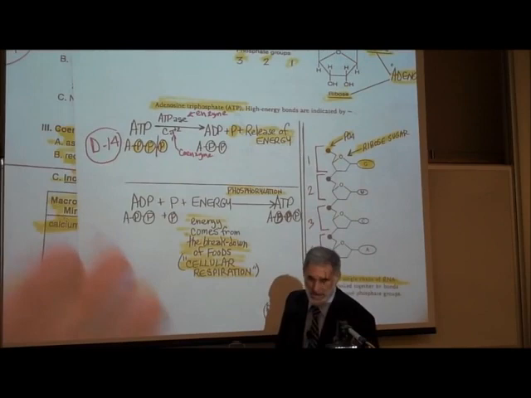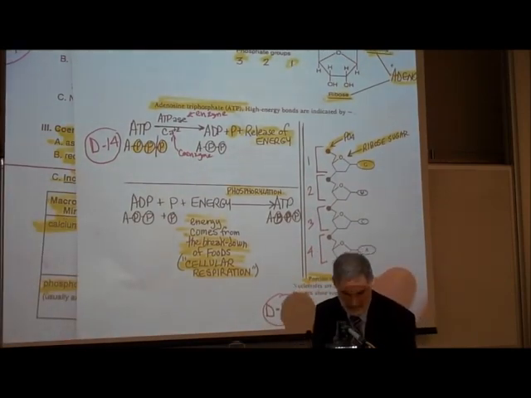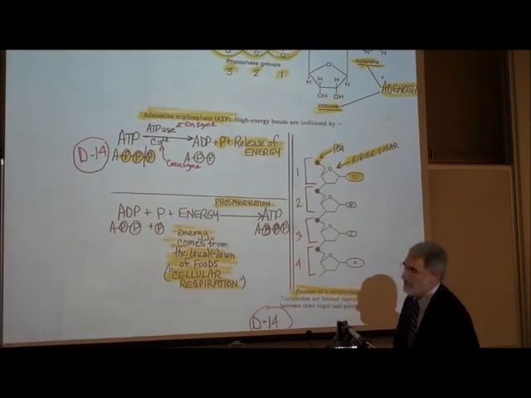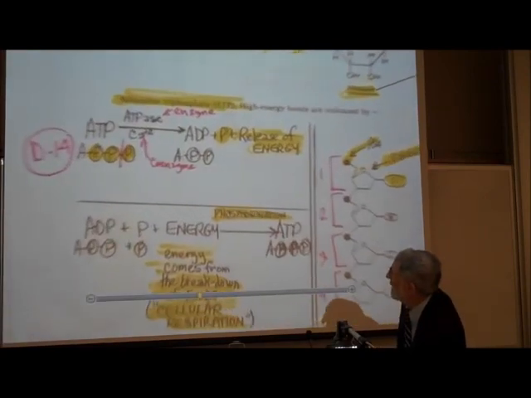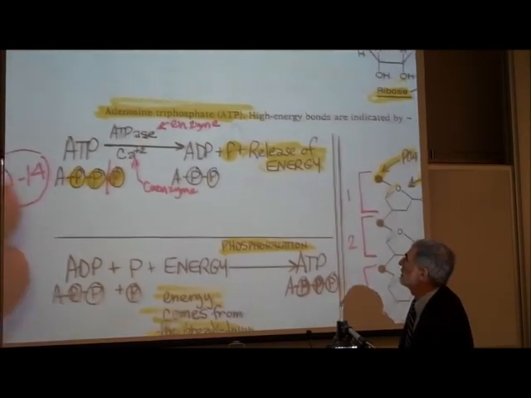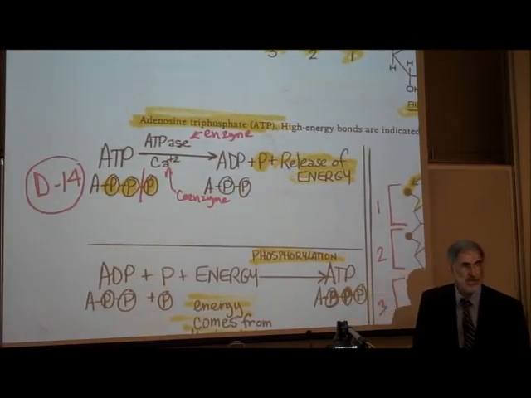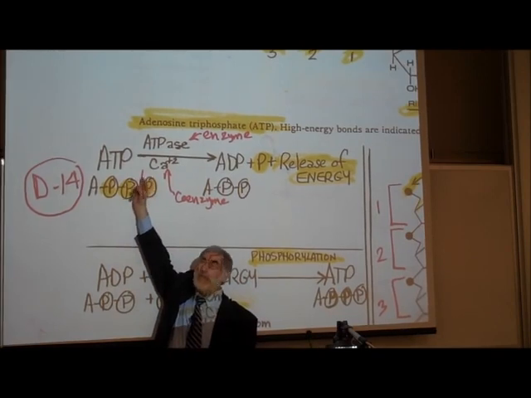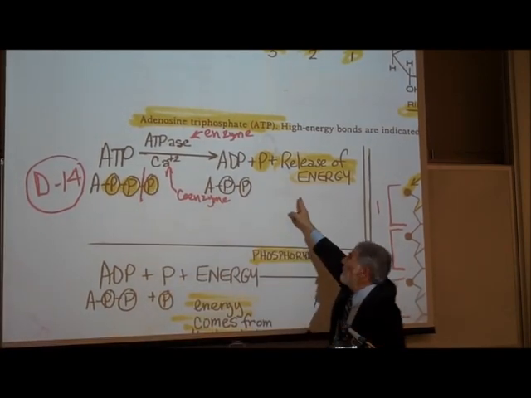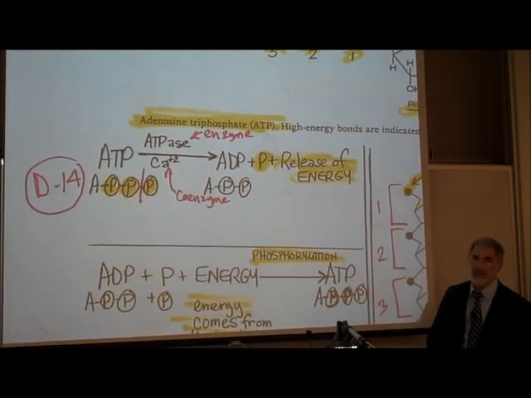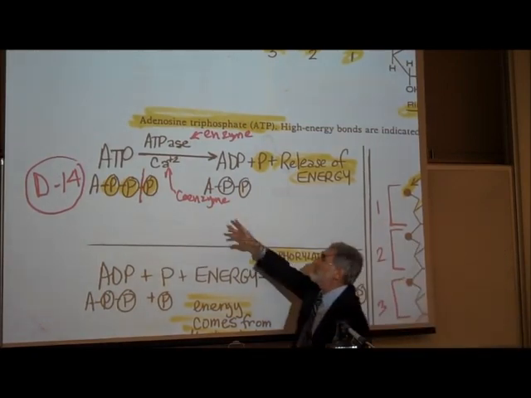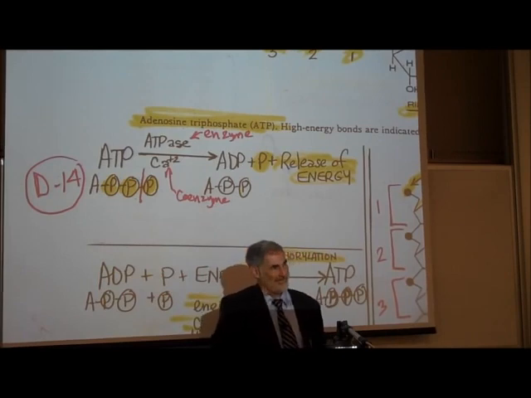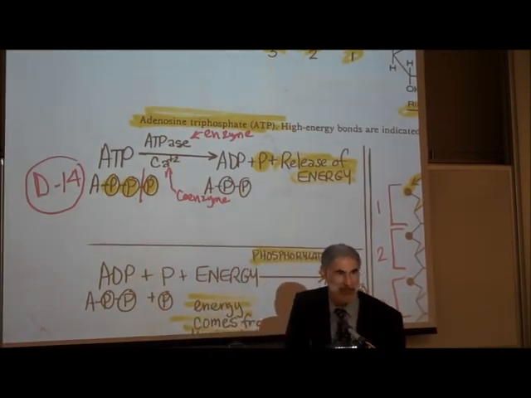If you look on the lower left of D14, you will see where I used exactly these words. The enzyme that breaks ATP apart into ADP and phosphate to release energy is called ATPase, because that's how we name enzymes.